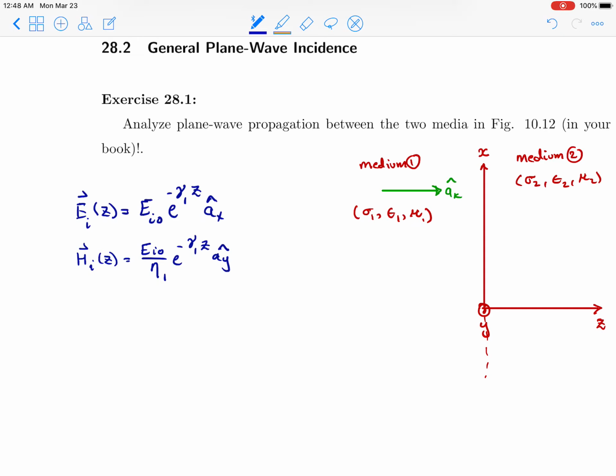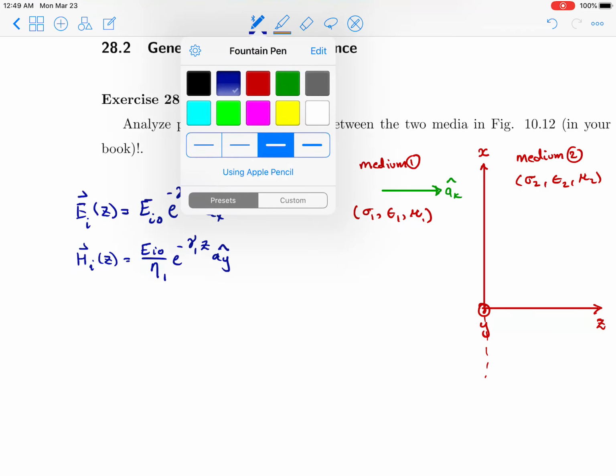Eta 1, the intrinsic impedance of medium 1, is complex here, because we're talking about a general medium.